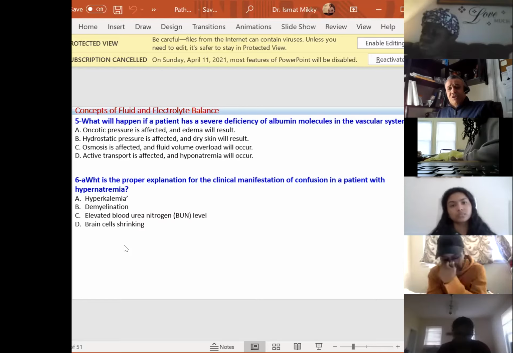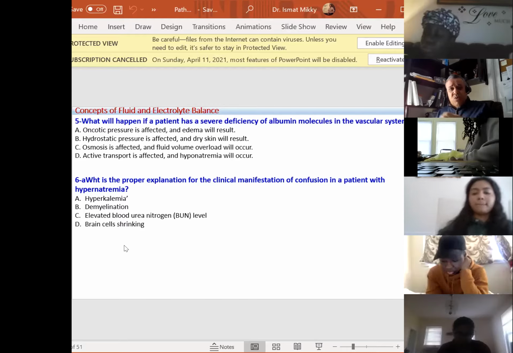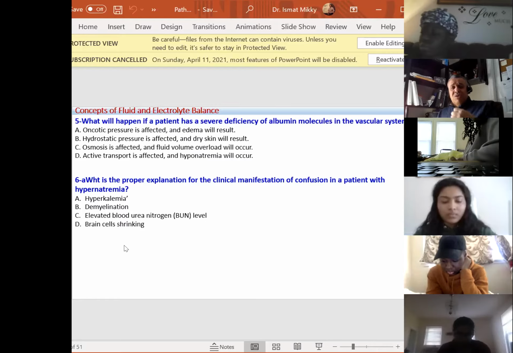The oncotic pressure, the colloidal osmotic pressure, is the pressure exerted by colloids in a solution. The protein molecules attract and pull the water in. In this case, the fluid is pushed out of the vascular system into the interstitial space, and edema will develop.